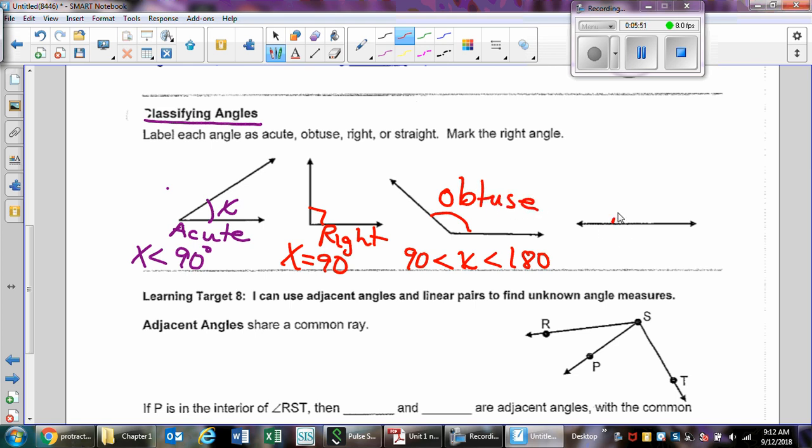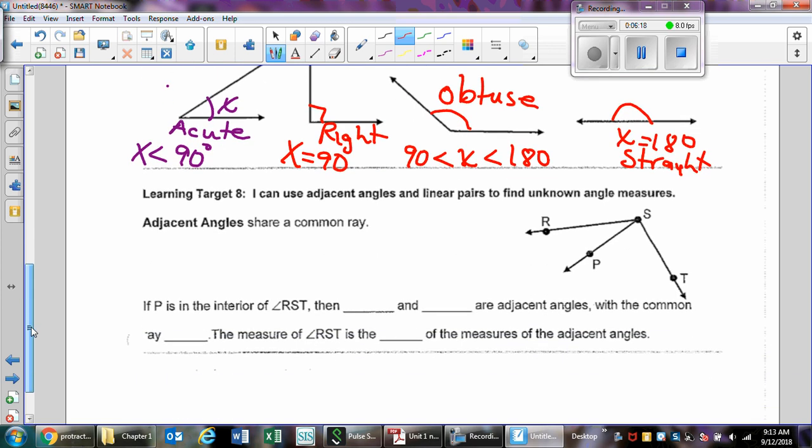When it is a straight line like this, where x is equal to 180 degrees, it's called a straight angle or straight line. So that's what this represents: right, obtuse, acute. Just remember, obtuse is not equal to 90 or 180, it's in between.